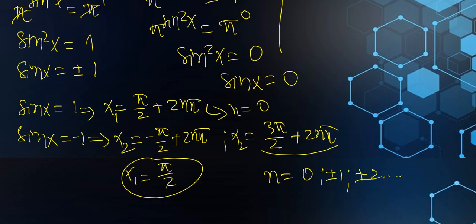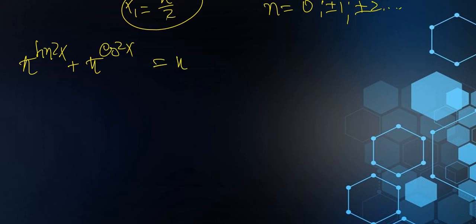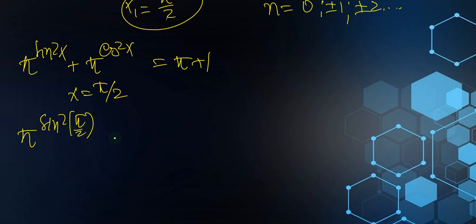Let me replace this here. We have pi to the sine square x plus pi to the cos square x equals pi plus 1. If x is equal to pi over 2, then we have pi to the sine square of pi over 2 plus pi to the cosine square of pi over 2, equal to pi plus 1.